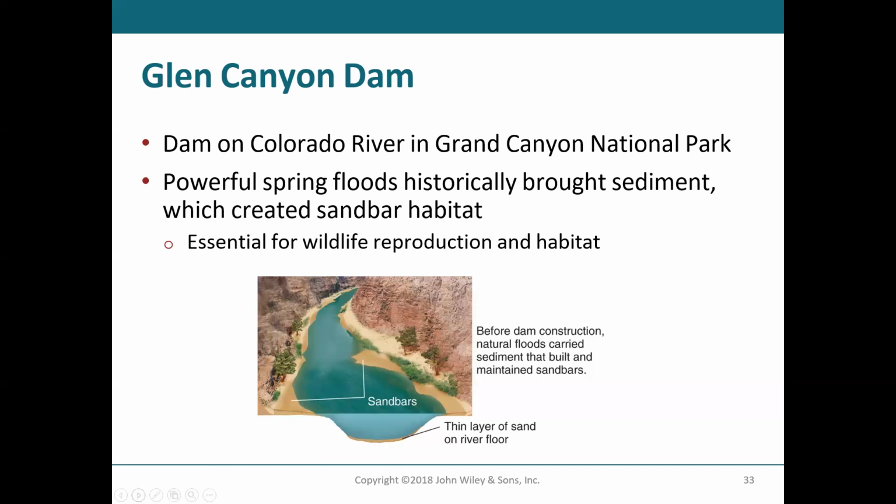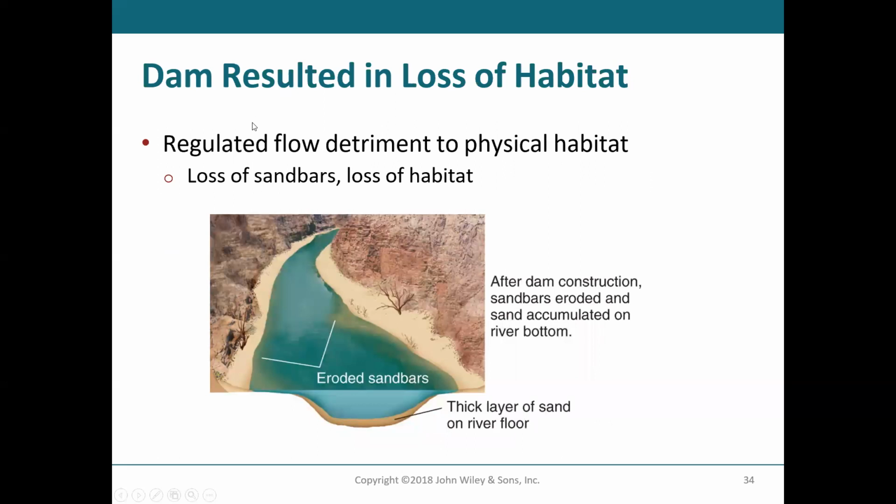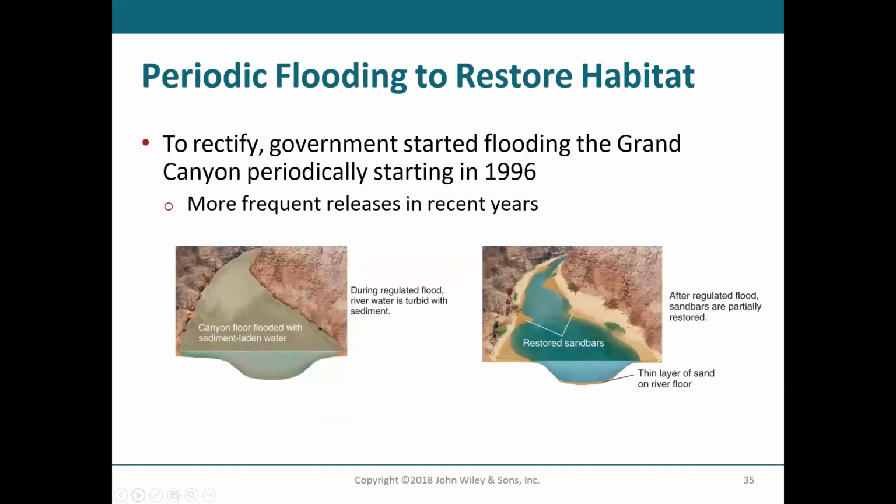But with dam construction, we have seen the loss of these sandbars. And the loss of sandbars means a loss of habitat. Now we're seeing just a thick layer of sand on the river floor because the sand's not accumulating on the sides, it's accumulating on the bottom. To fix this, the US government has instituted a natural resource management plan that allows for periodic flooding to allow the restoration of sandbars, starting in 1996.